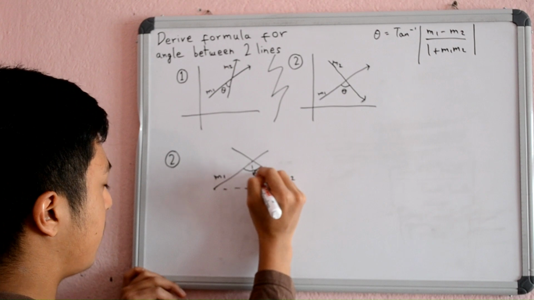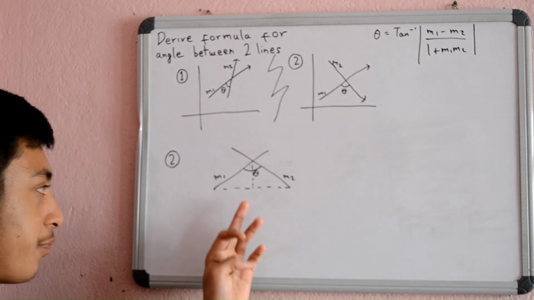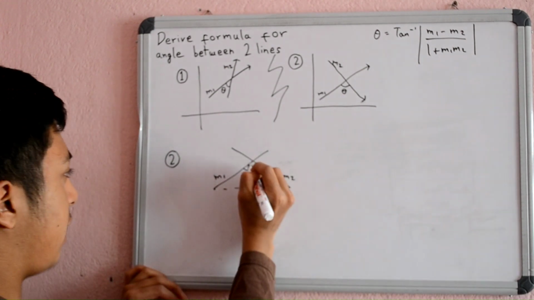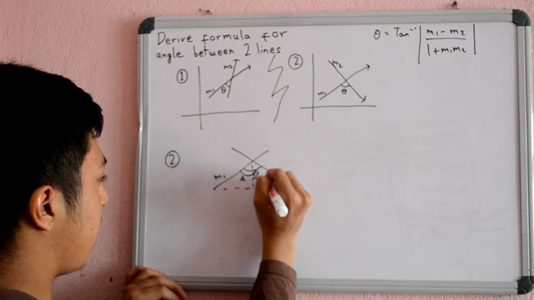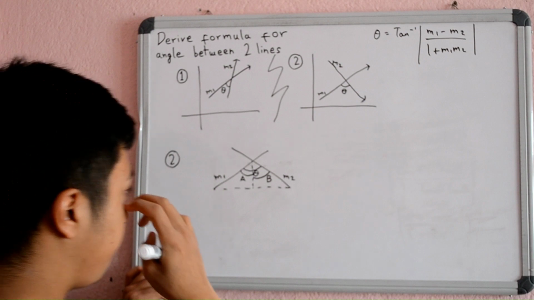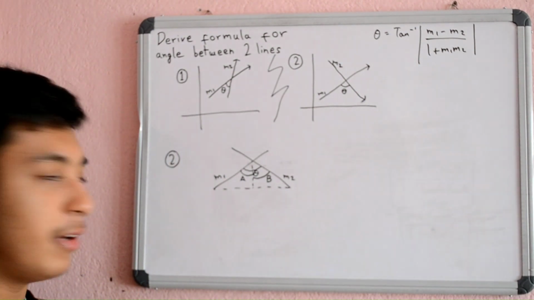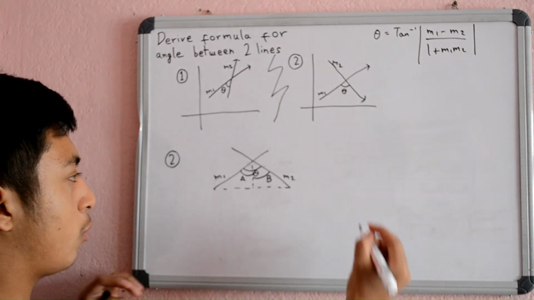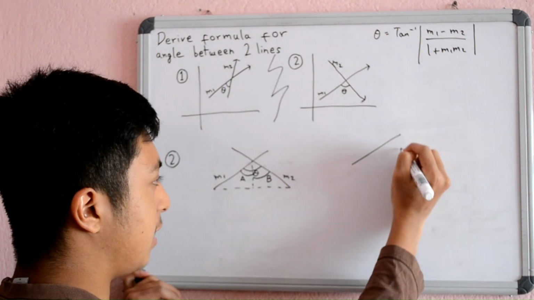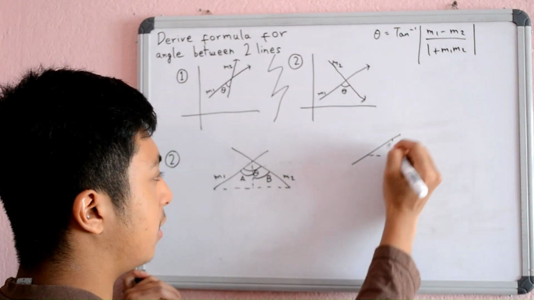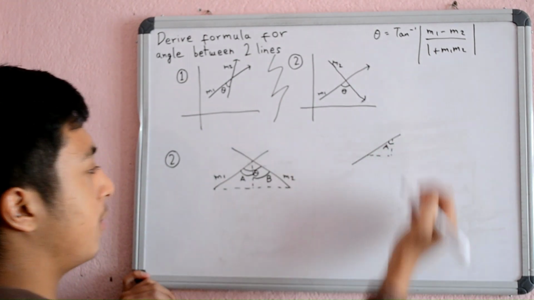So this big angle is obviously theta, and this angle, let's just say, will be A. This angle right here will be B. Now be very careful over here, because what we are doing here is, we have a line, and then we have taken this angle instead.